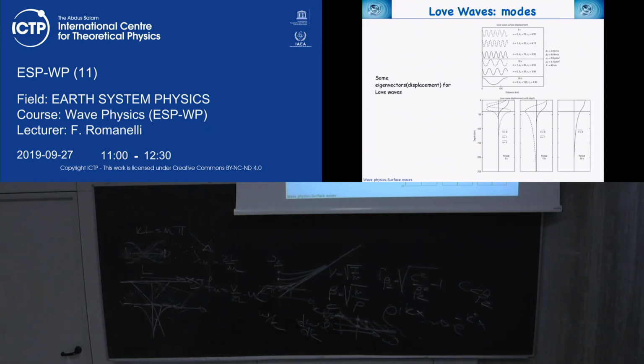And here you are. They all share the feature that in the half space they are damped. In the layer, they can have 0 nodes, 1 node, 2 nodes, and so on. It's like a plate, but part of the radiation is in the half space. How much? Well, it depends on the values.